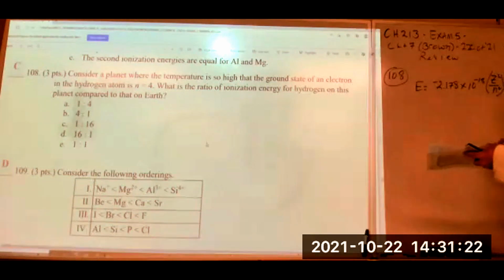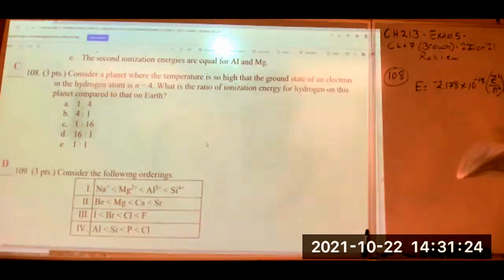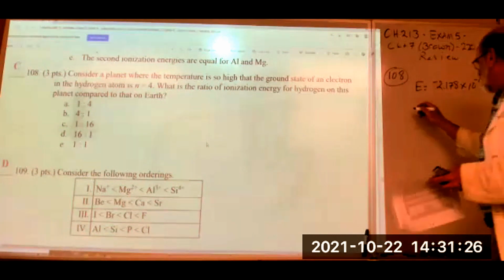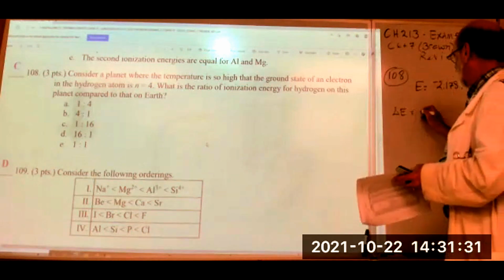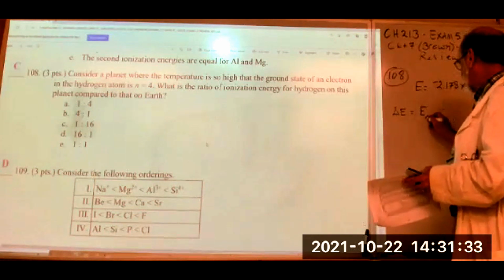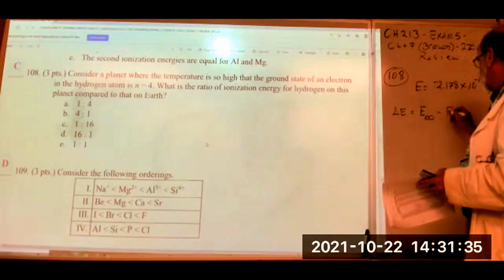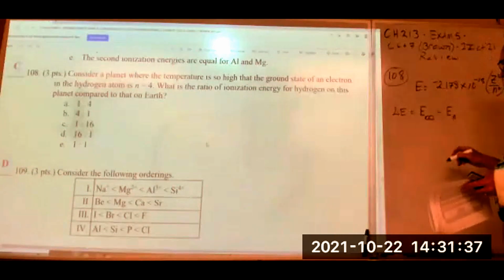If we look at that equation, the change in energy required for ionization is the energy at infinity minus the energy at whatever n is.